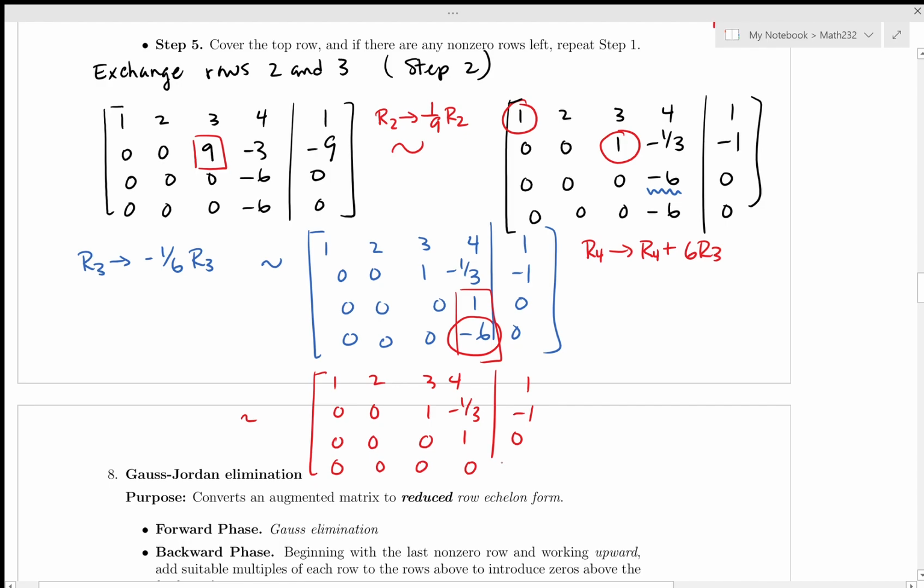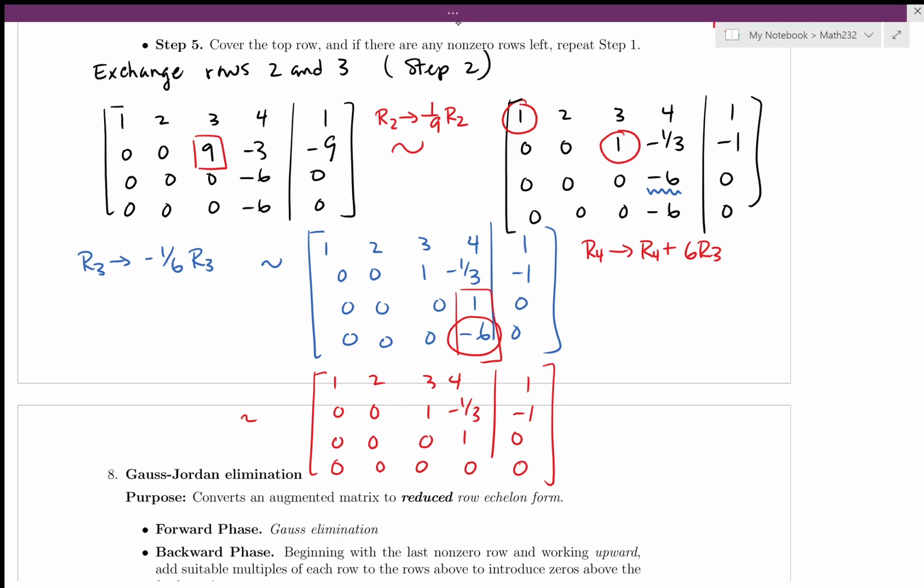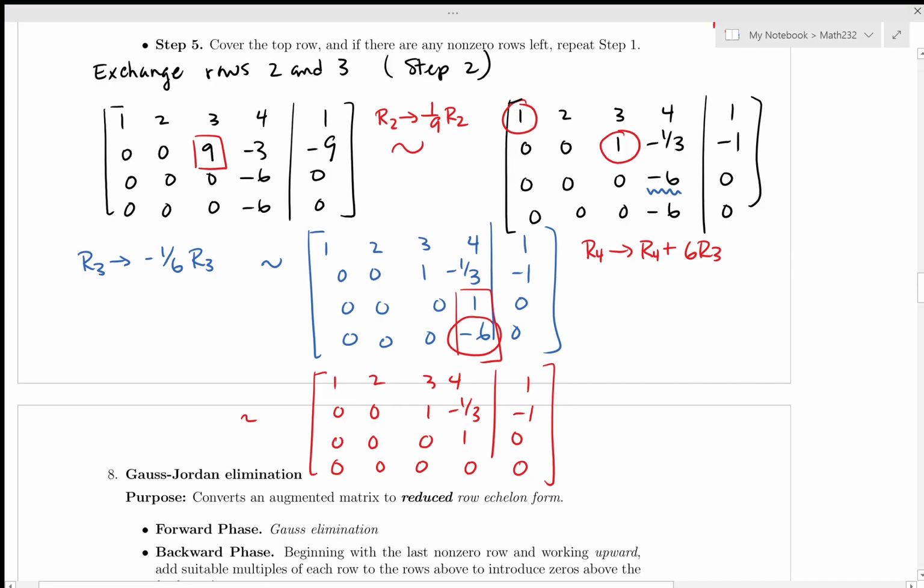And R4 is R4 plus 6R3, this is a 0. 6 times 0, there's 0. I think I have a slight error in my notes here. I'm just making a note to myself. Okay, there I am.